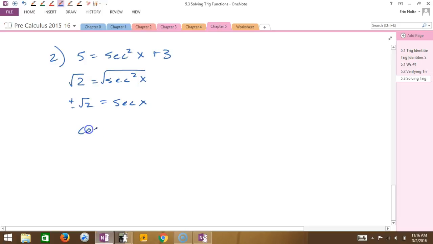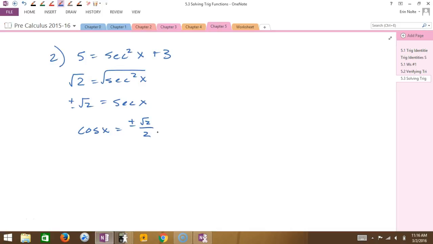So the cosine of x is equal to the reciprocal of the square root of 2. What's the reciprocal of the square root of 2? Ooh, nice. The square root of 2 over 2. Everybody okay with that? Because you have 1 over the square root of 2, and you can't leave a square root in the bottom, so you multiply by the square root of 2 over 2. I just reciprocated it. Reciprocal of secant.